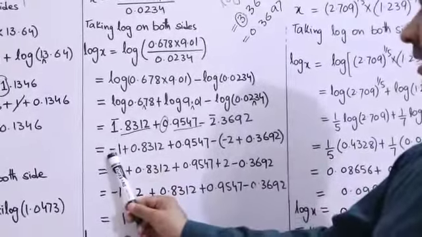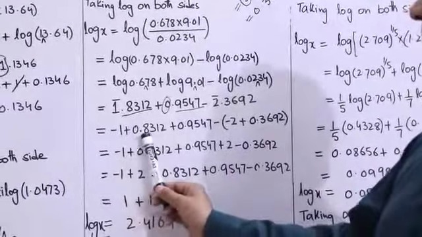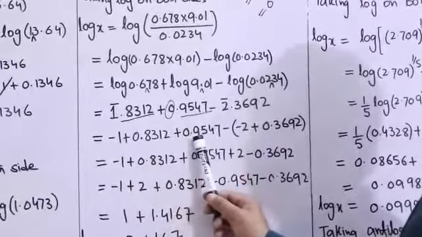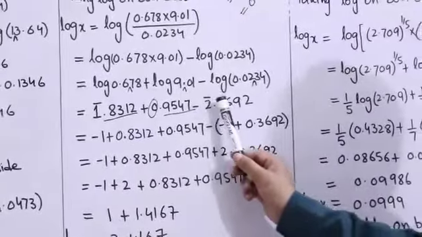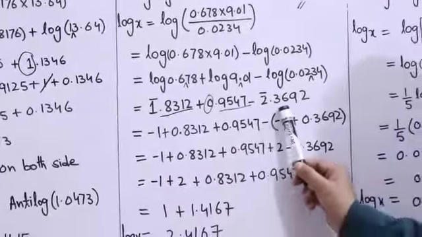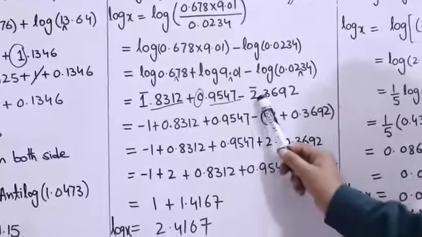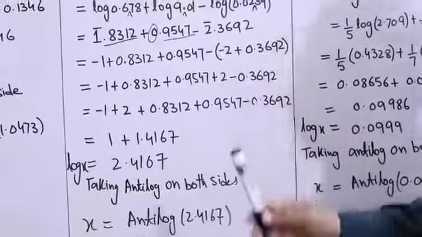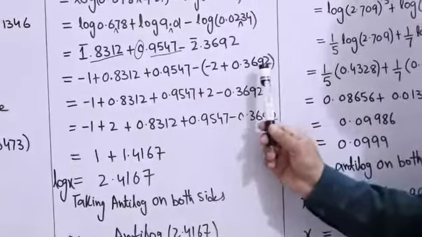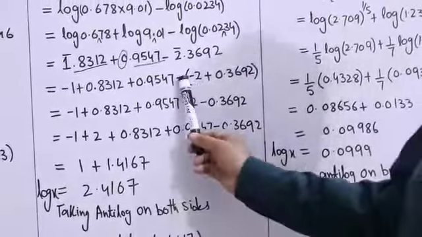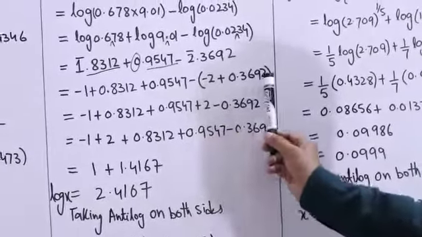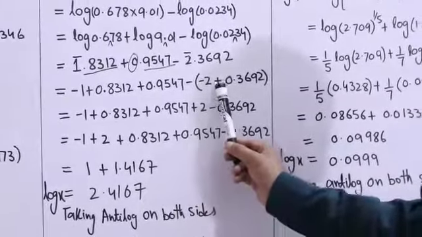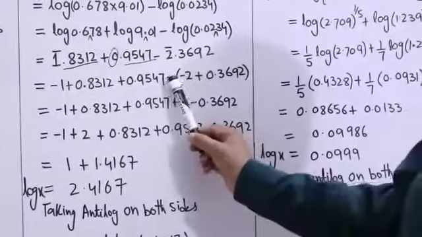Now separating the characteristic and the mantissa: -1 is separate, plus 0.8312, this is a positive value. Now this is negative and this is positive, so I am taking the bracket here, so this -2 and this value is positive because the mantissa is always positive. By multiplying with this -1 we get +2, and this value will be plus minus minus.